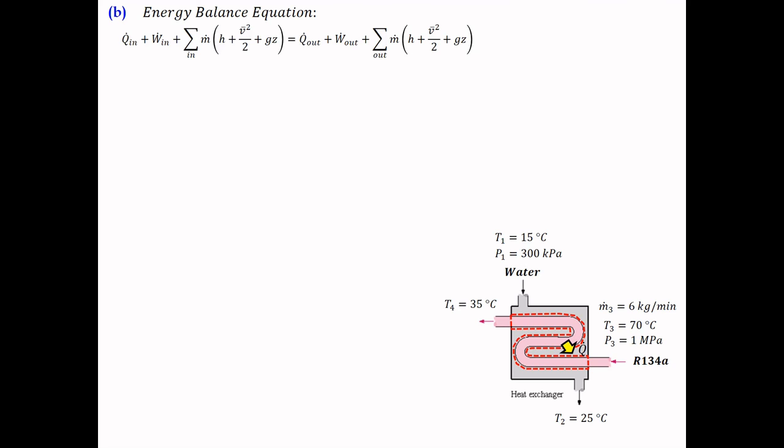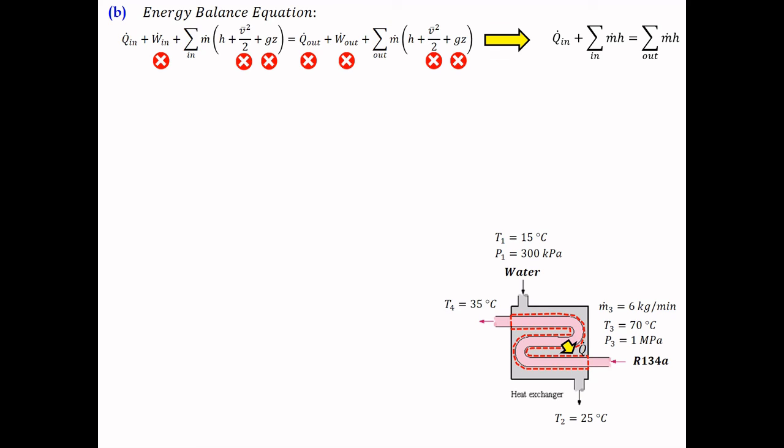If we analyze the energy balance equation for this specific control volume boundary, we can cancel out Q out dot, W in dot, W out dot, the kinetic energy terms, and also the potential energy terms. So the remaining terms from the energy balance equation are only Q in dot plus the total in of M dot H equal to the total out of M dot multiplied by H. So this is the general equation.